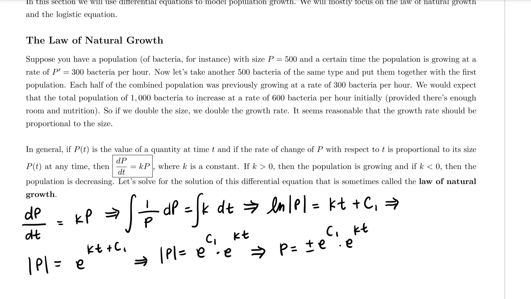Now, plus or minus e to the power of c1 is just some constant. So I'm going to replace that with a more general constant, capital C. And finally, we get P equals C times e to the power of kt.